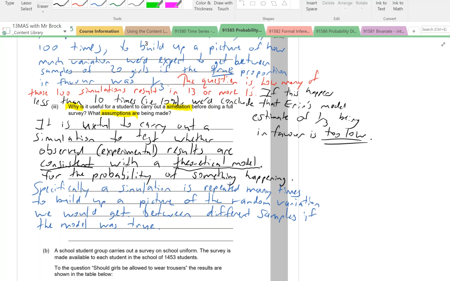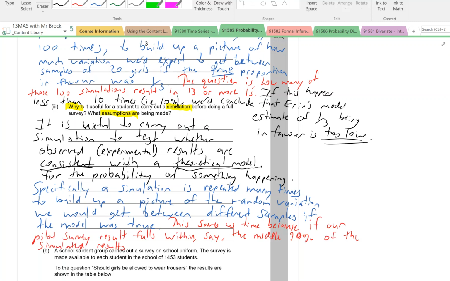This saves us time, because if our pilot survey result falls within the central part of the simulated distribution, in other words, within the middle, say 90% of the simulated results, then there would be no need to revise or to change our model, and so therefore there'd be no need to actually survey more girls in this case, because we could just go with our model.